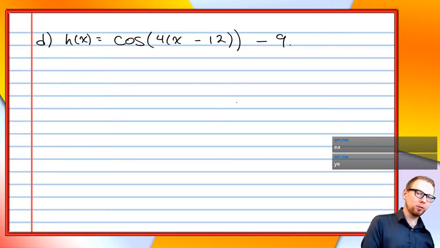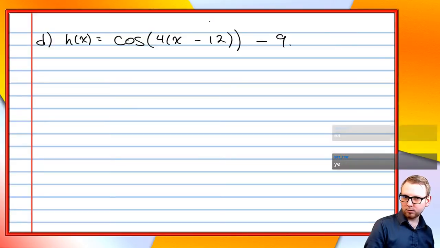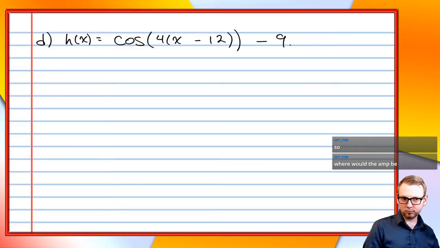So, this one is a little bit interesting because it's got this little 4 inside and a little horizontal shift. Now, I think I can make this relatable. And the amplitude's always in front.